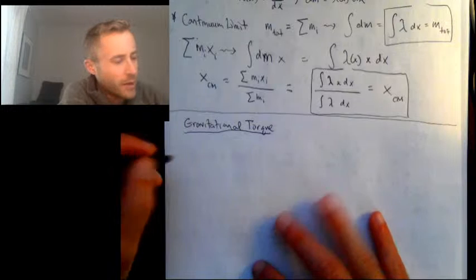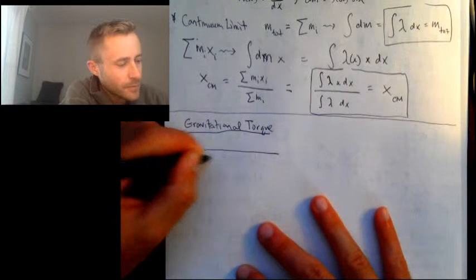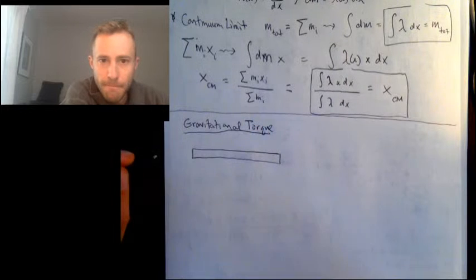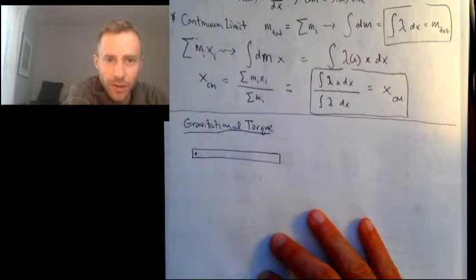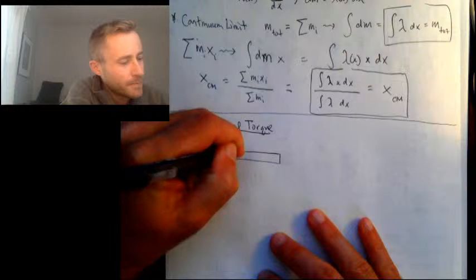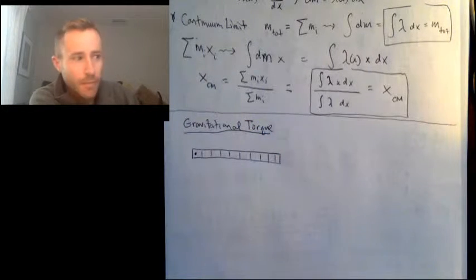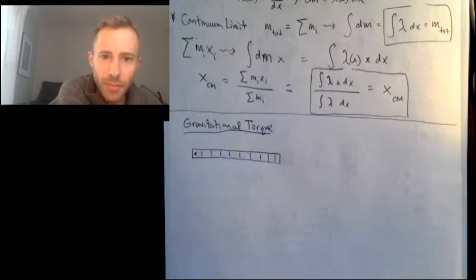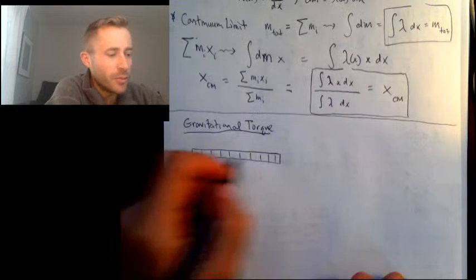So what I want to imagine is a beam, and this beam has a pivot point at its left end. I'm going to imagine chopping the beam up into a bunch of little pieces.